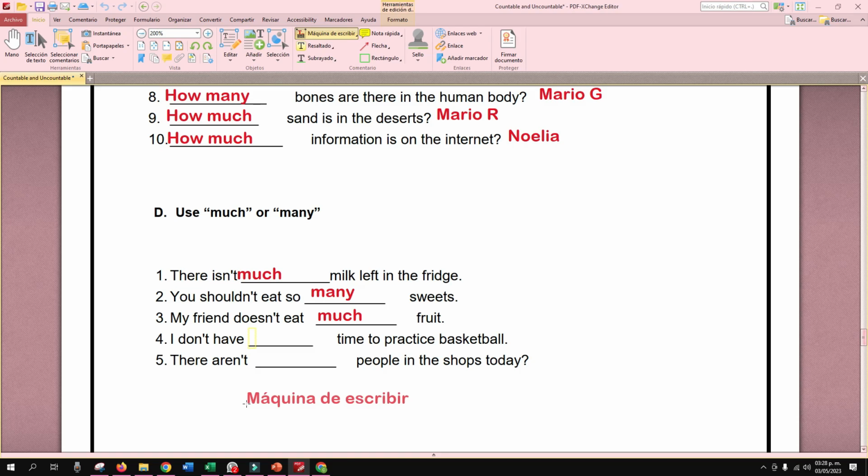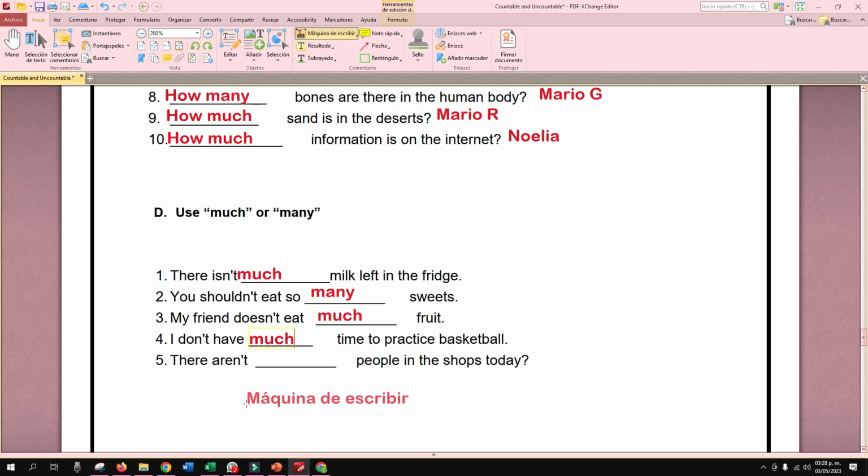Which could be that? Many, teacher? Many time? What do you think about time? In that case, when you talk about time, that's general, how much time, right?